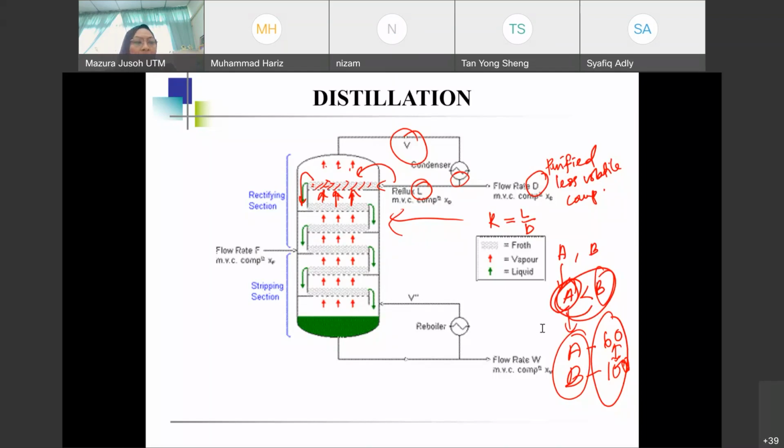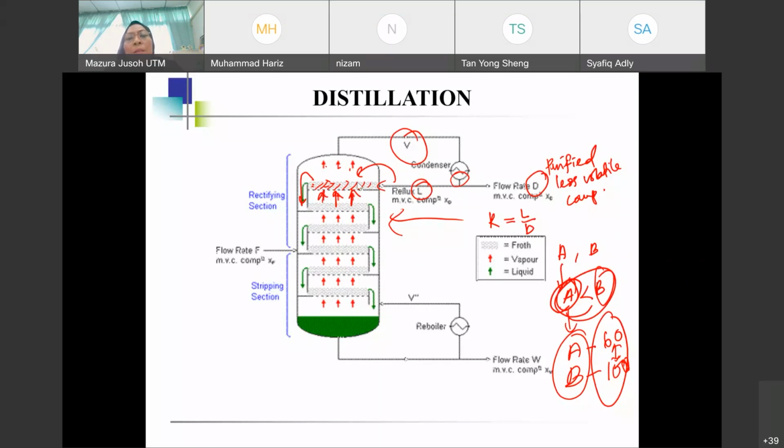If there is not enough liquid on the tray, the reflux can maintain the liquid on the tray. Yes, that is quite right as well. So Tan Yongshen says to improve the purity of distillate, right? And the mechanism is by maintaining a certain liquid quantity on the tray. So very good. So you have the reflux coming in to have some liquid on the trays.